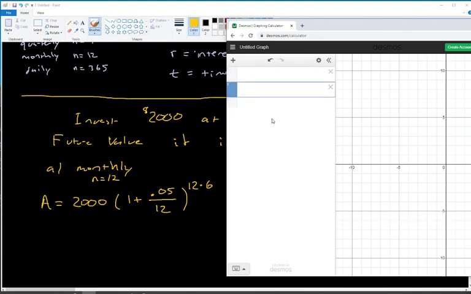So 2,000 times 1 plus 0.05 divided by 12, all that to the power of 12 times 6.